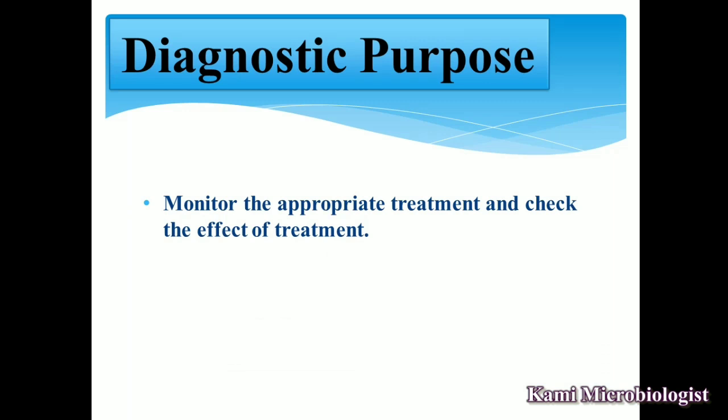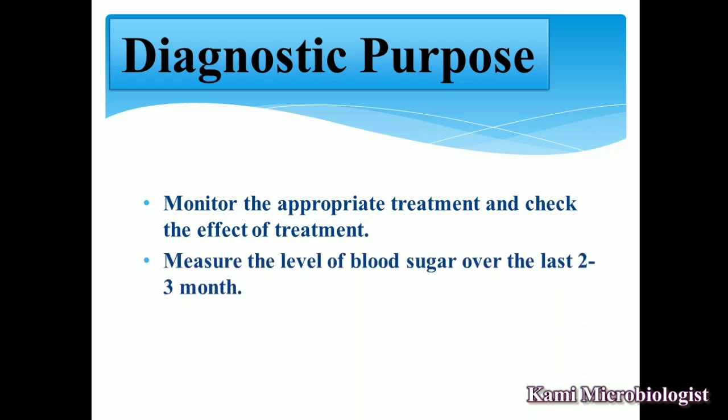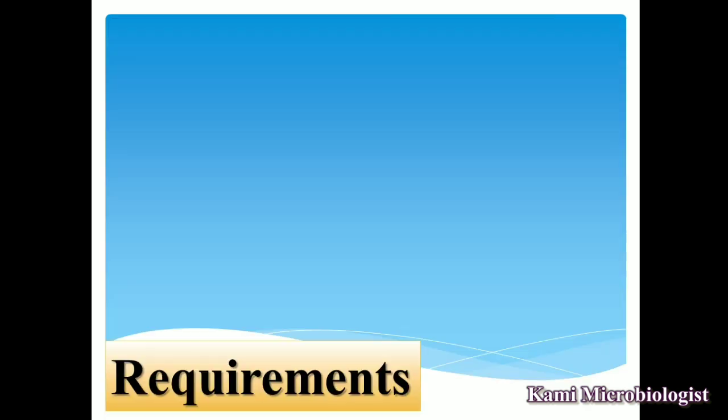So through this test we can check the treatment effect as well. Next, with this blood test we measure the level of glucose over the past 2 to 3 months.